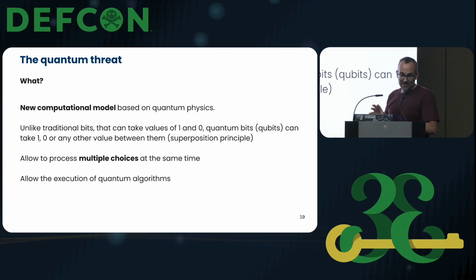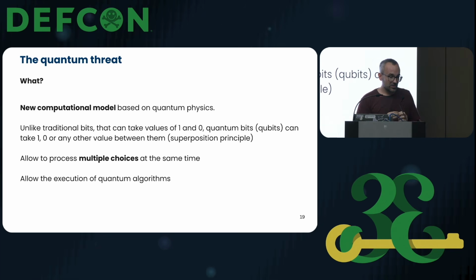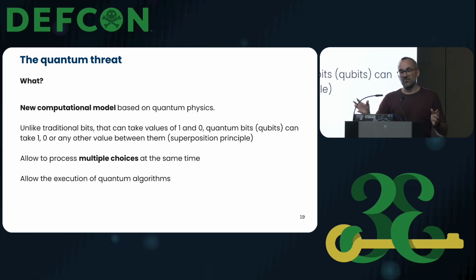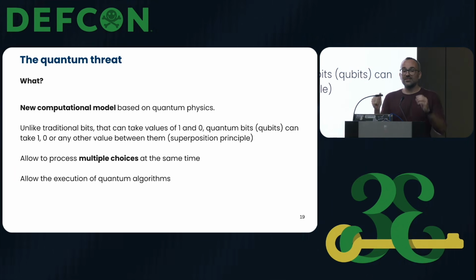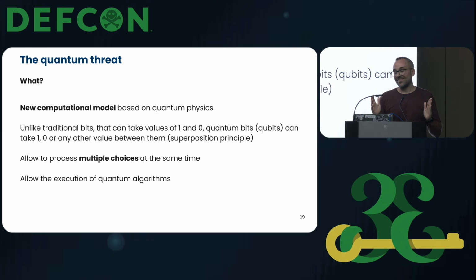Quantum computing is a new computational model that is based on quantum physics. Unlike the traditional bits that we can find in a regular computer, which can take values of 1 or 0, quantum computing uses quantum bits or qubits that can take values of 1, 0, and all the values between them.